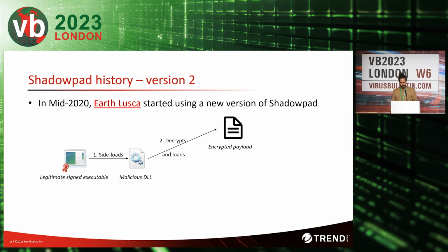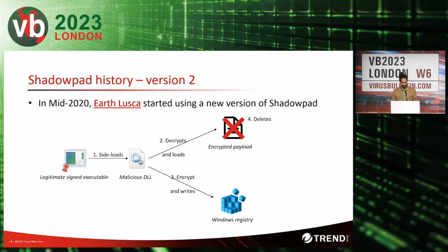And what's interesting here is that once the payload will be decrypted and loaded in memory, it will be written in an encrypted form in the Windows registry, and then deleted from the file system. So this means that if you arrive too late, or if you only have the DLL and can only have access to the DLL without having access to the Windows registry, you cannot have the final payload, the CNCs, and the stuff like that.